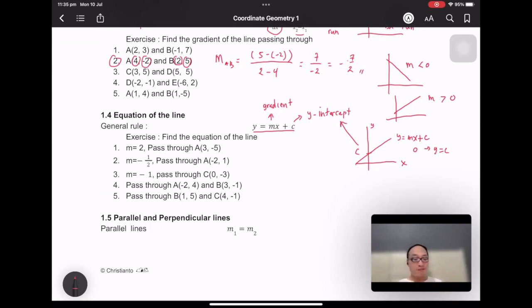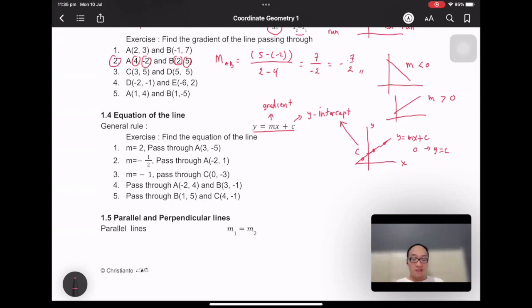Now, how do we find c? The equation of the line is the function that satisfies all coordinates that the line passes through. So all coordinates, all points that satisfy the equation should be on the line.